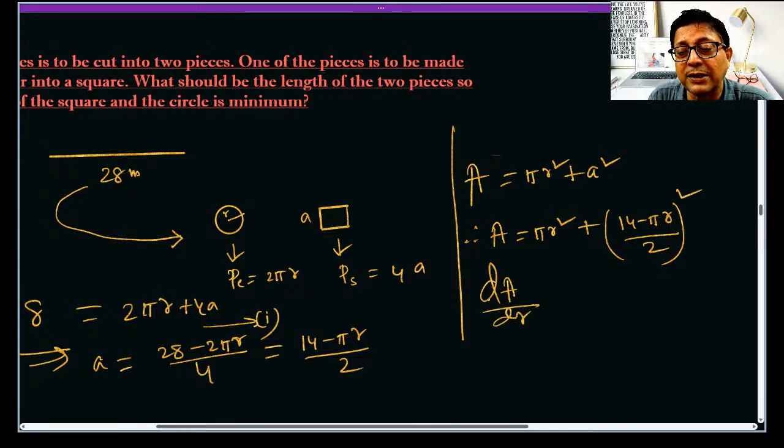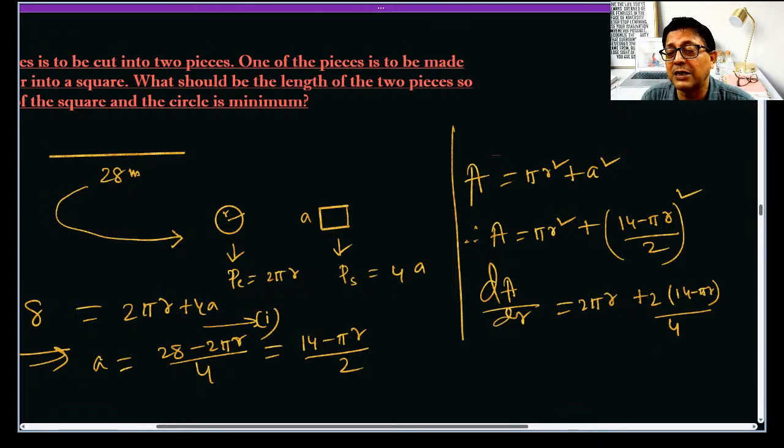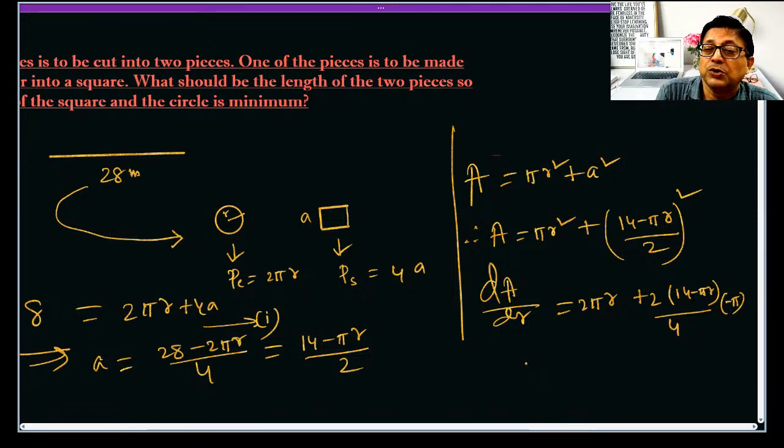dA by dr, let us find: 2 pi r plus 2 into 14 minus pi r by 4, and minus pi will be multiplied, because this is 14 minus pi r whole square by 4. So 2 into 14 minus pi r into minus pi, and 4 there. Let us find the second order derivative also.